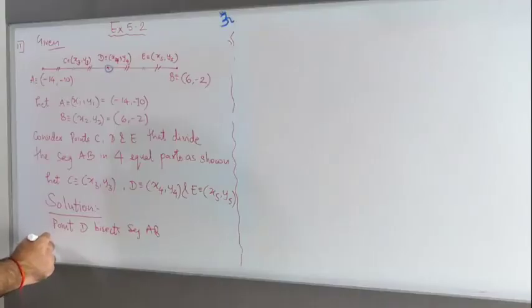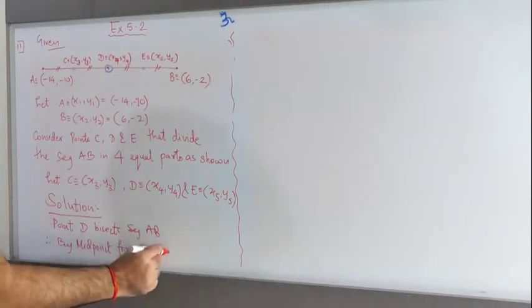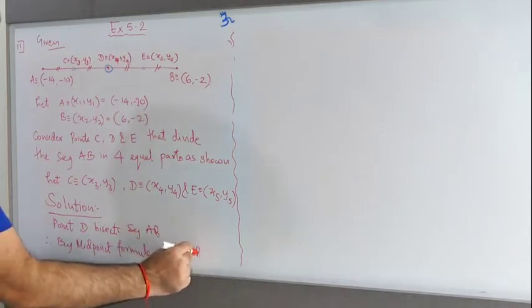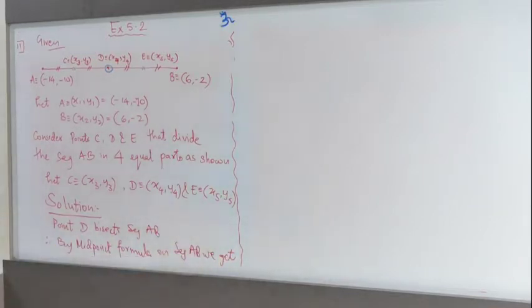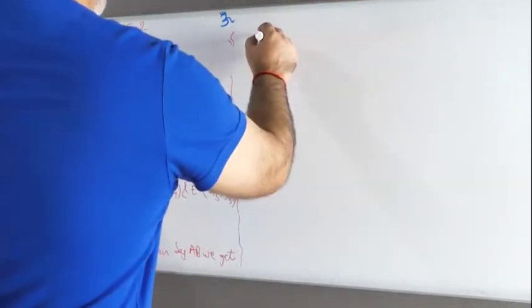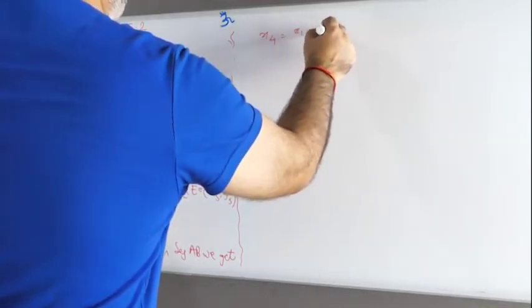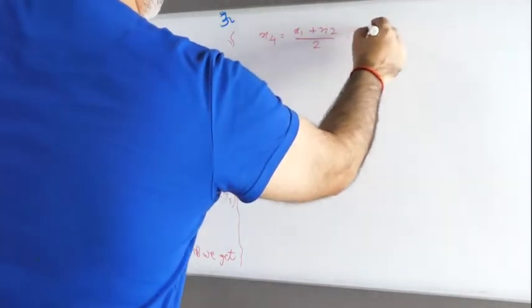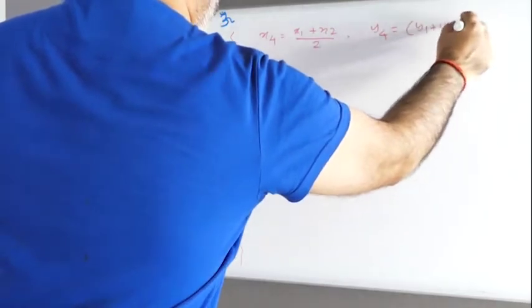Therefore, by midpoint formula on segment AB we get, x4 equals x1 plus x2 upon 2 and y4 equals y1 plus y2 upon 2.